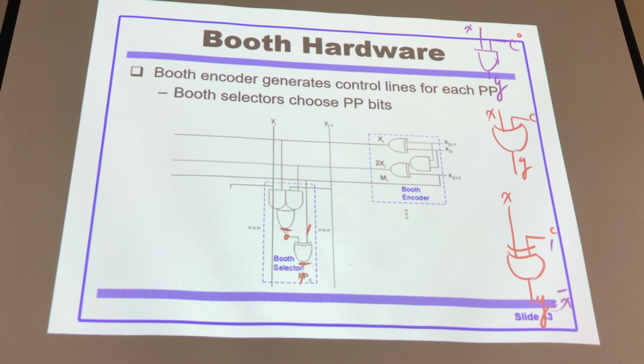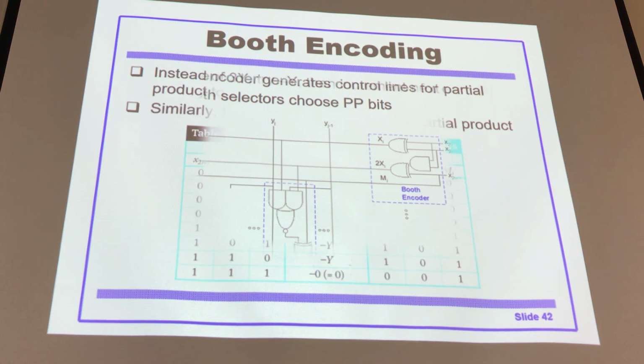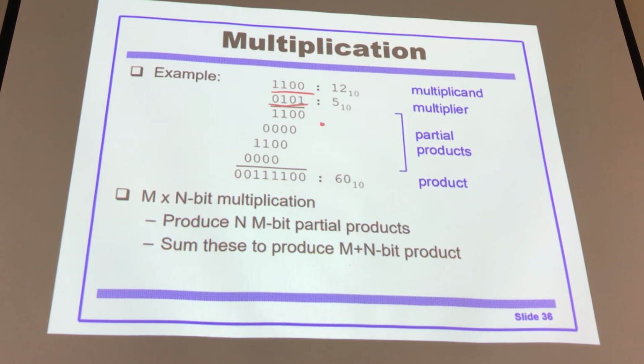But if you remember, one's complement is not a real negative number. We are using two's complement instead. So you need to add 1 back to the bit. If you get a negative number, you need to add 1. Remember the design of the separator?